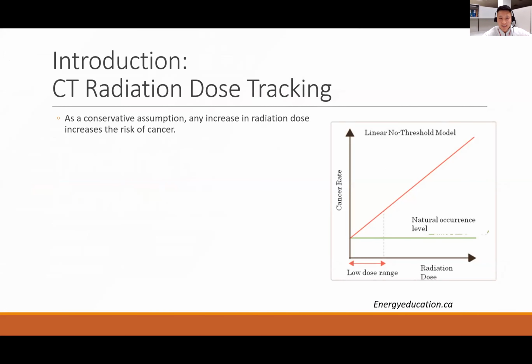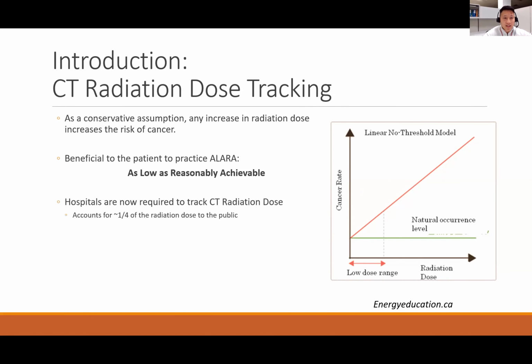As a conservative assumption, we typically go by the linear no threshold model, where any radiation dose that you receive increases your cancer risk, although statistically it hasn't been found that it actually increases cancer in the low dose range. Because we're using this model, it's very beneficial to patients to practice what we call ALARA, as low as reasonably achievable. We don't want to overdose the patient more than necessary.